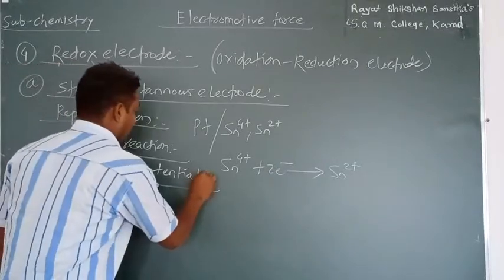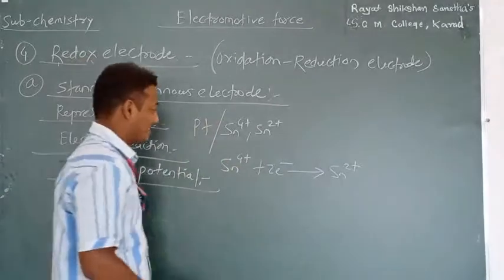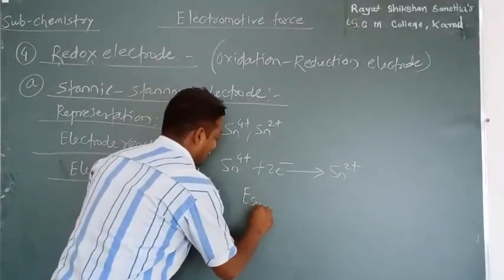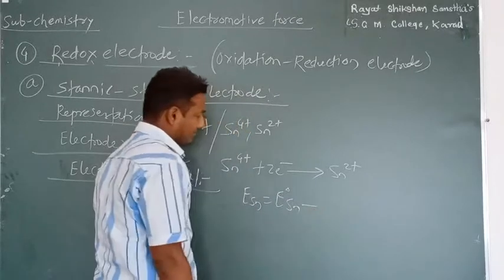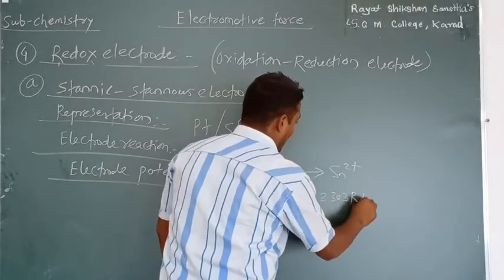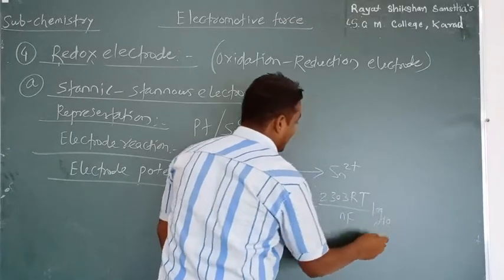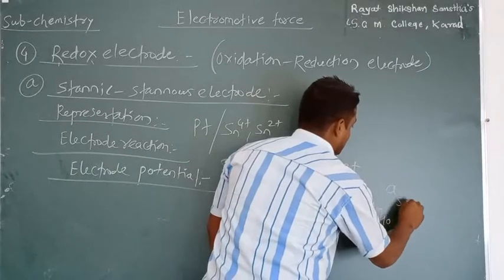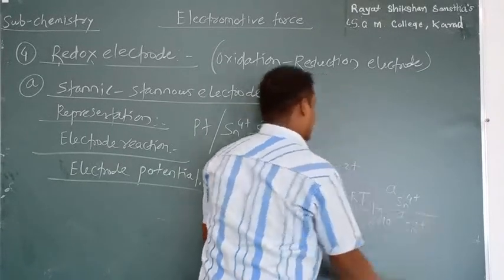The electrode potential here we can determine by using the Nernst equation: E0 Sn minus 2.303 RT by NF log to the base 10 activity of Sn4+ divided by activity of Sn2+.